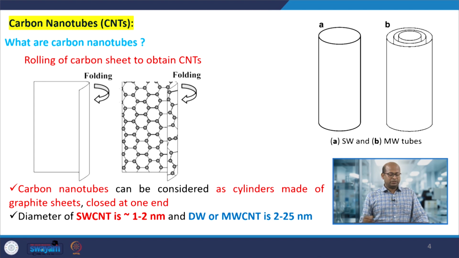When this sheet is folded at particular angles, it is rolled and gives a tube-like, cylindrical structure. Then we can say it is a carbon nanotube.